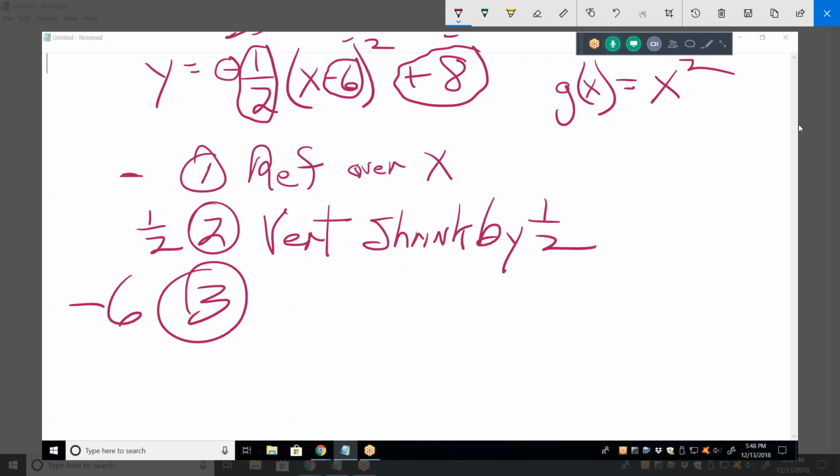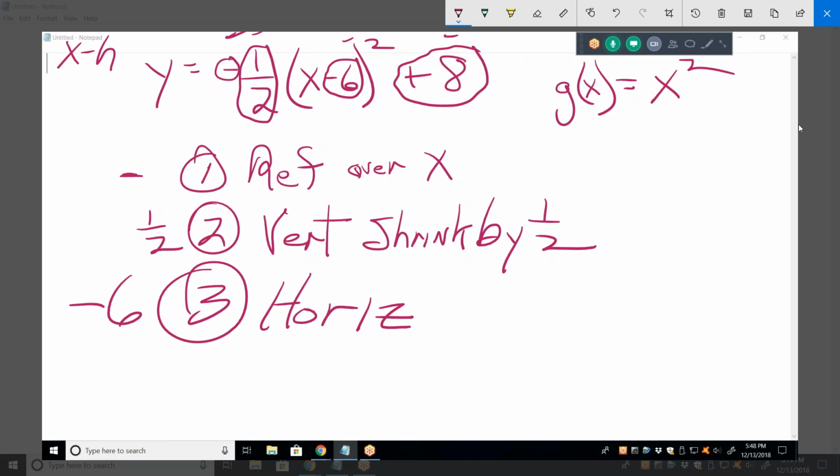The next thing is this negative 6. Is that inside or outside the function? Inside. Makes it horizontal. Everything inside is horizontal, everything outside is vertical. Now, the standard is x minus h.